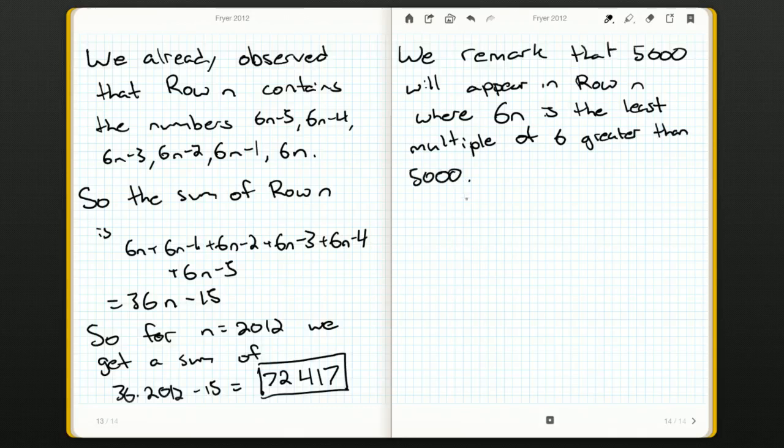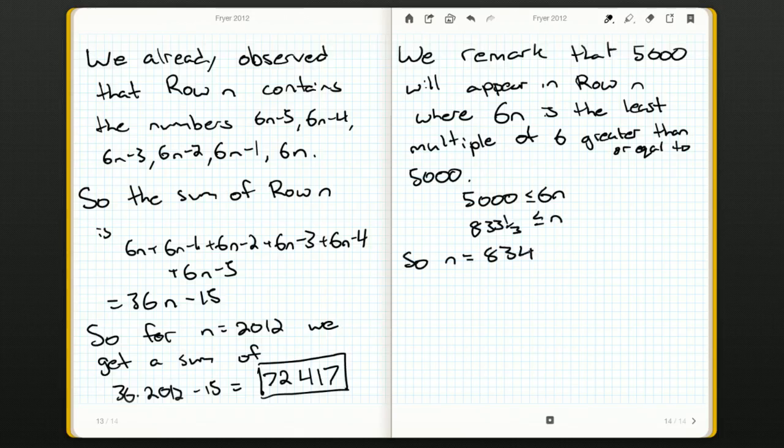So we want 5,000 to be less than or equal to 6n. Let's divide. We're not going to get a clean division, and that's okay. 833 and 1/3 is going to be less than or equal to n.